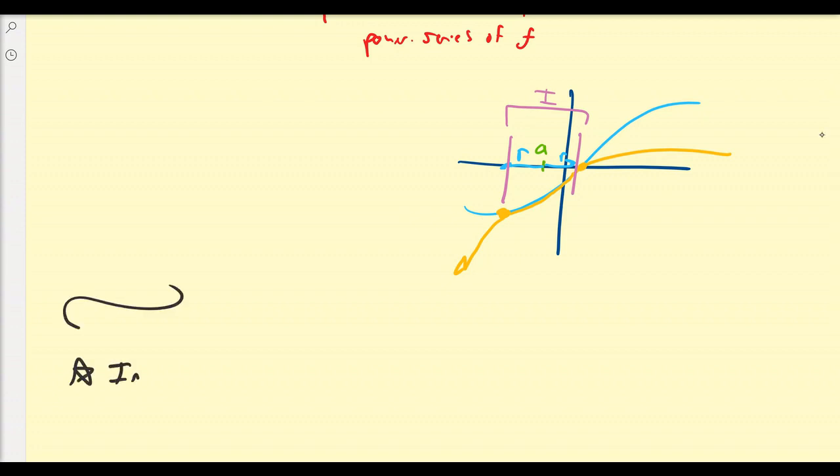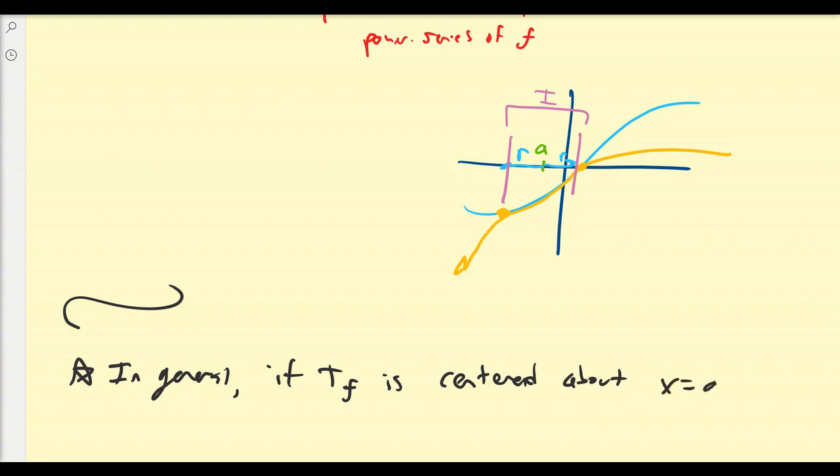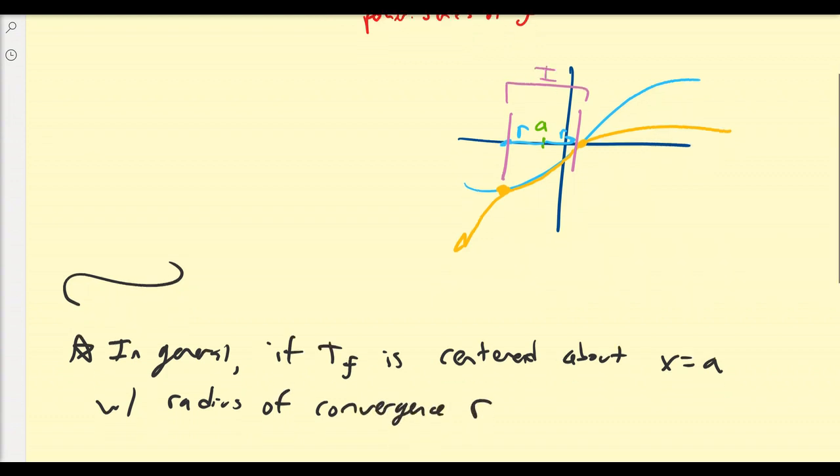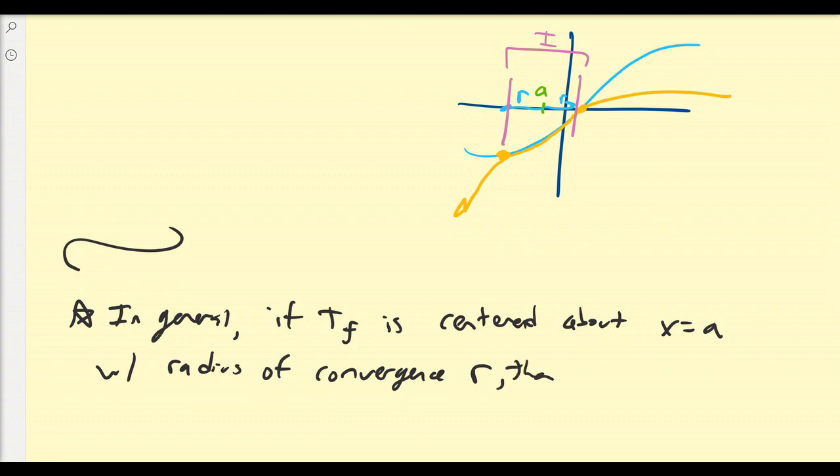So in general, if the Taylor series is centered about x equals a with radius of convergence r, then the interval of convergence is going to be equal to a minus r and a plus r.